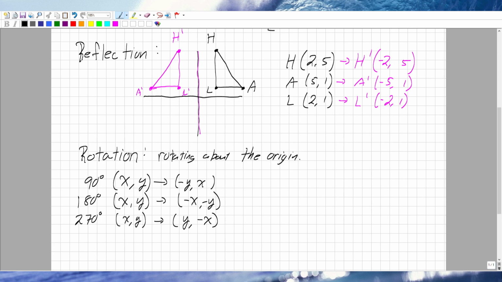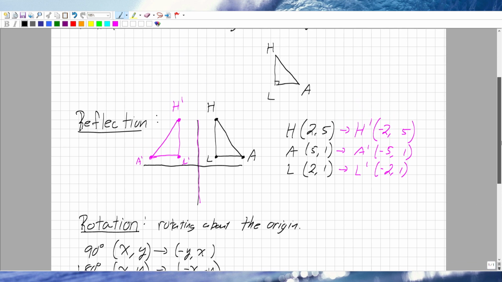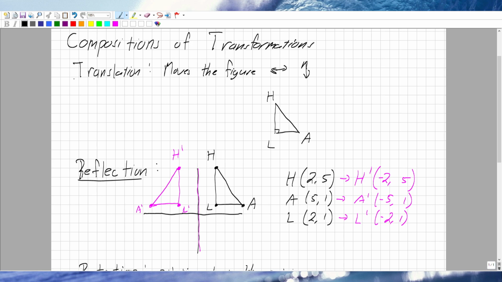So what does that have to do with today's lesson? What does rotation and reflection and translation have to do with today's lesson?